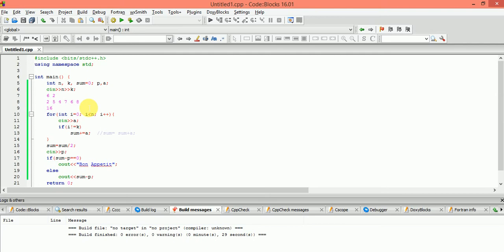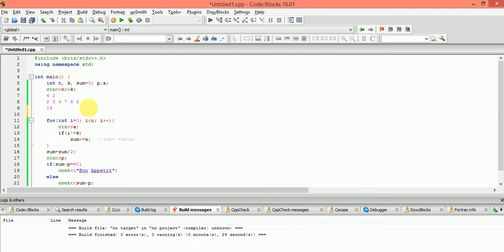So is this good or bad? How will we check? First of all we take input n and k, that is 6 and 2. Then we take the first input, which is 2, and the index is 0. So 0 is not equal to 2, so it will be added, and since sum is 0, the value will be 2.